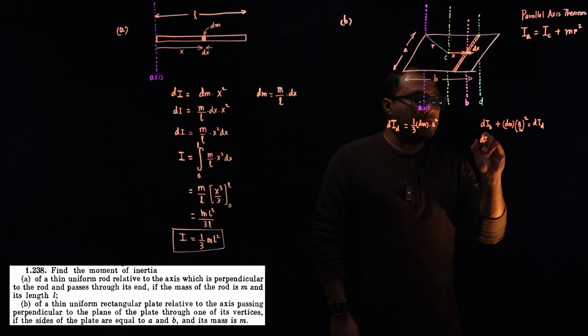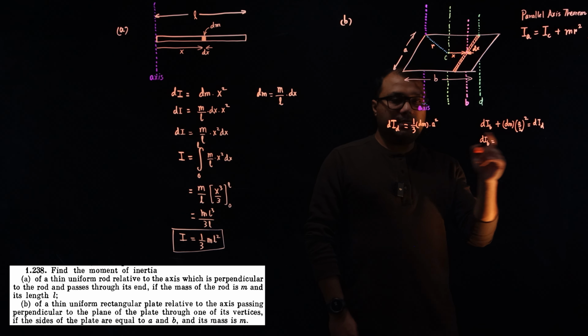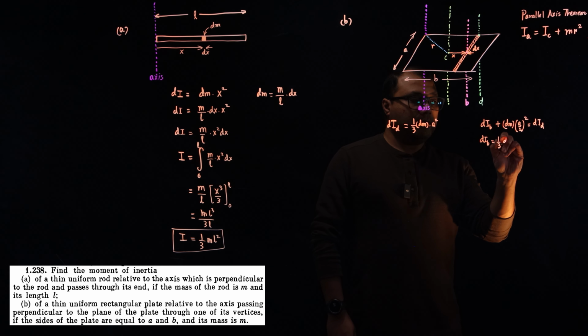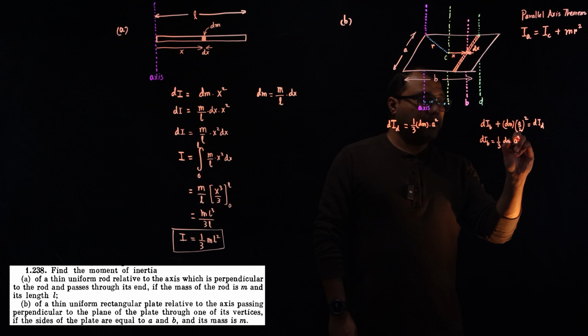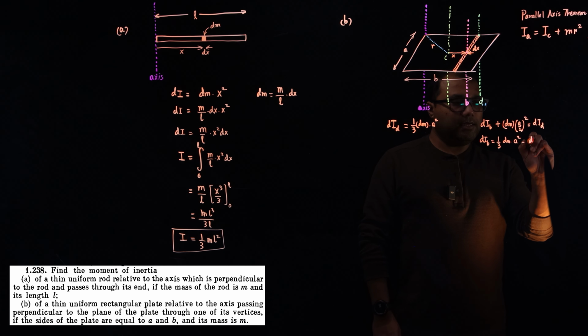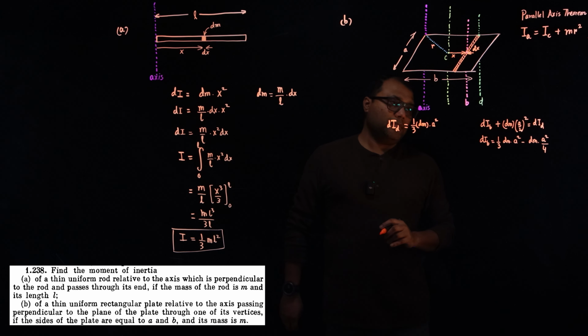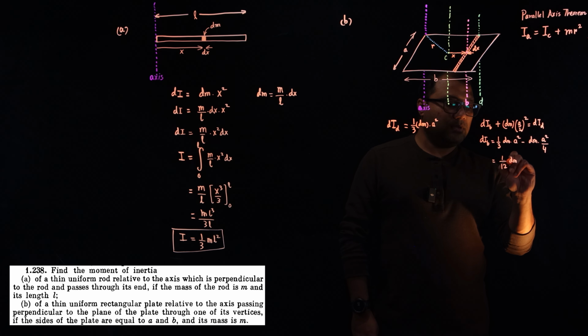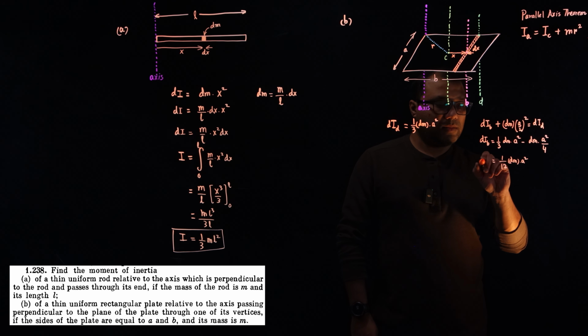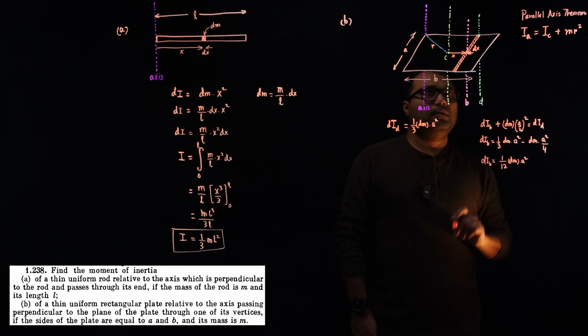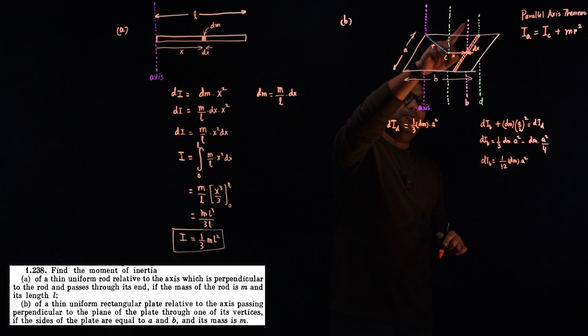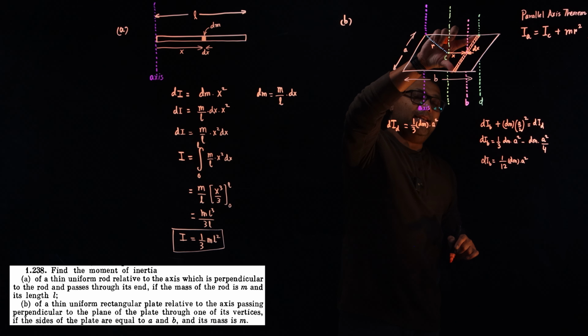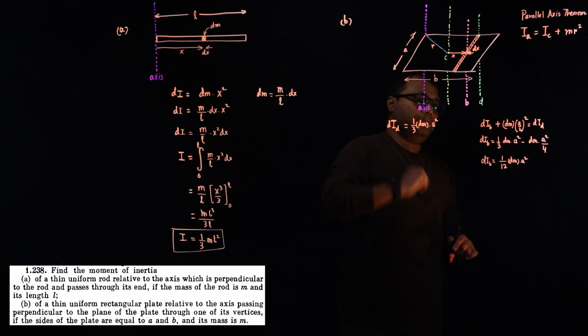So dI_B we get as dI_D, which is 1/3 dm a square minus dm a square by 4, or we can write this as 1 by 12 dm a square. So we got the moment of inertia of this element about axis B.